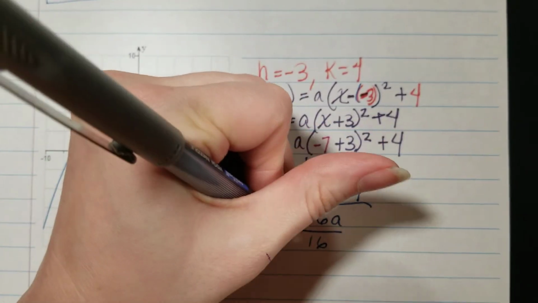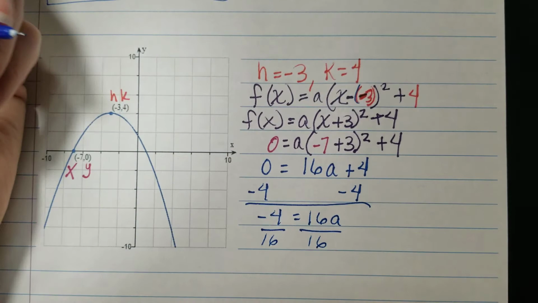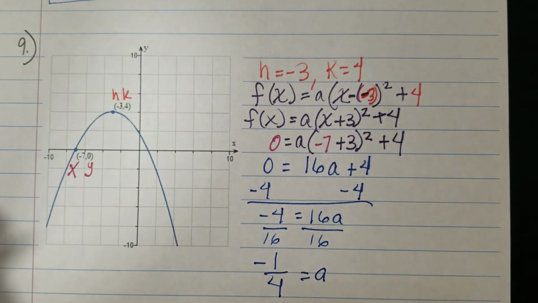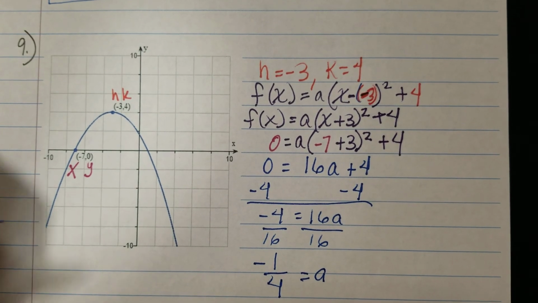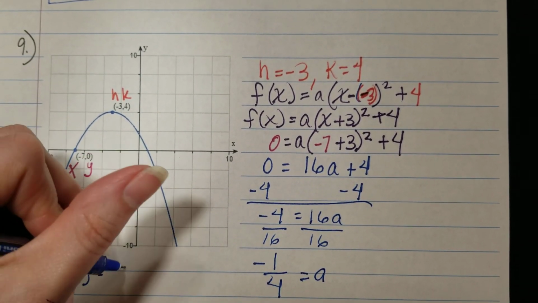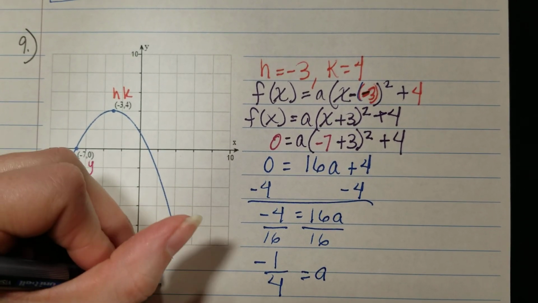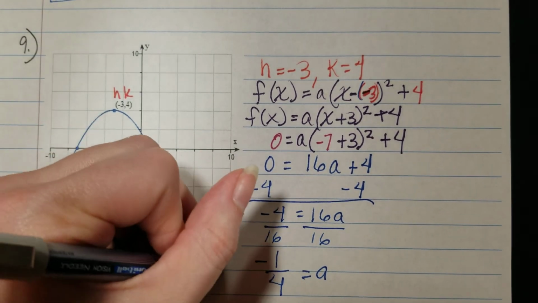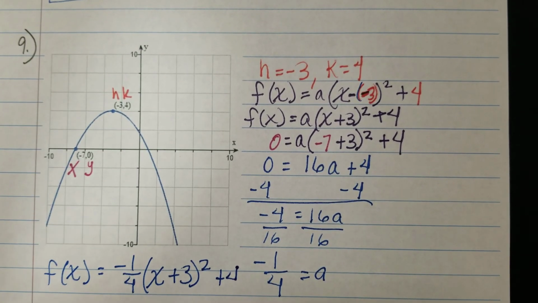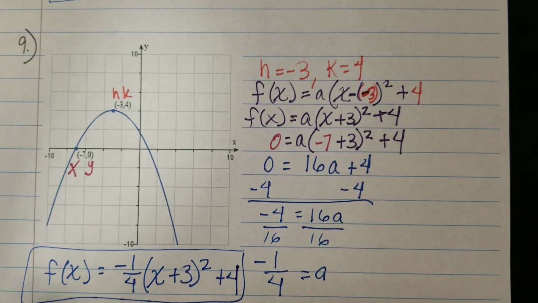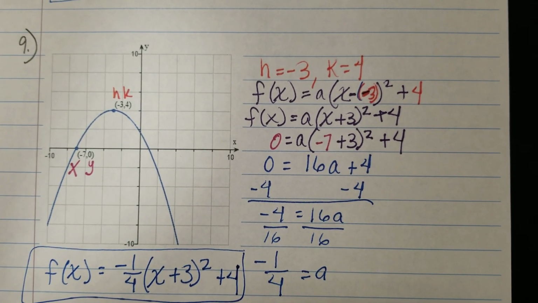Divide 16 on both sides, and that reduces to -1/4 equals a. So f of x equals -1/4 times x plus 3 squared plus 4. And that's it.